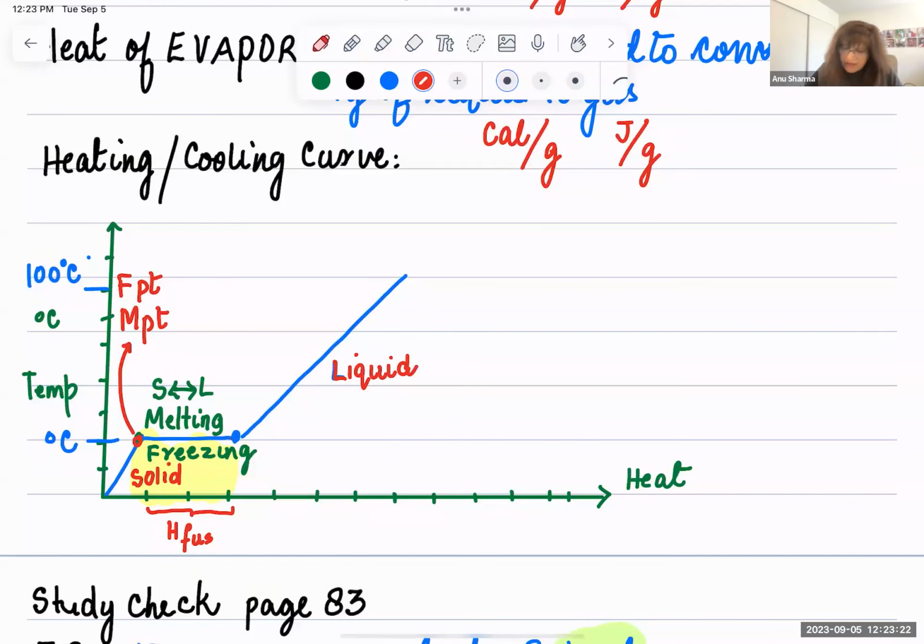The water will remain in the liquid state. Nothing much is going to happen, but after some time, when it has absorbed a very specific amount of heat, it begins to boil. And only after it has absorbed a certain amount of heat does it evaporate.